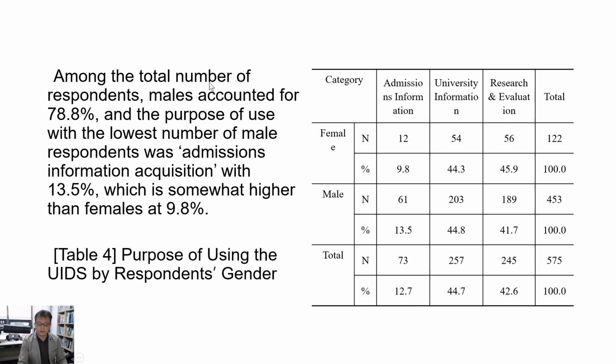Among the total number of respondents, males accounted for 78.8%, and the purpose of use with the lowest number of male respondents was admission information acquisition with 13.5%, which is somewhat higher than female at 9.8%.